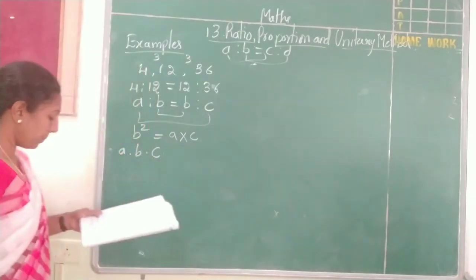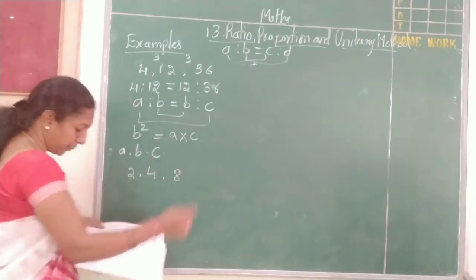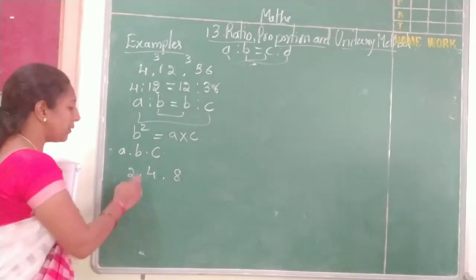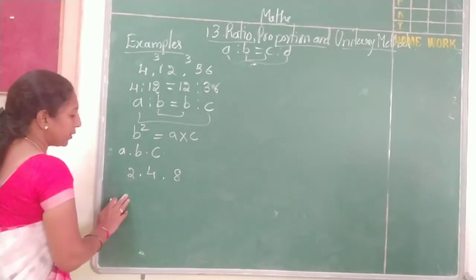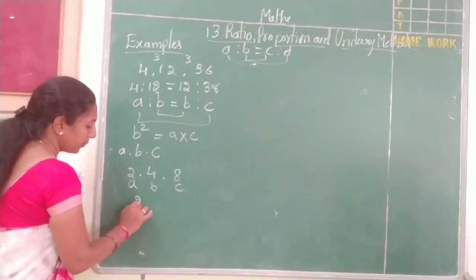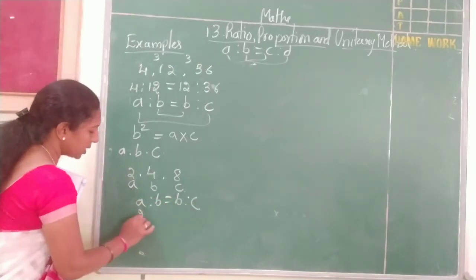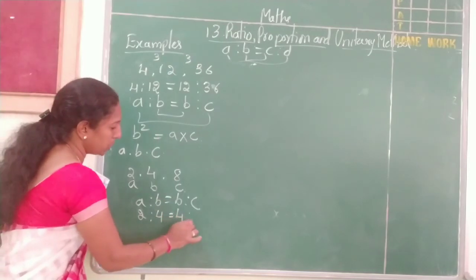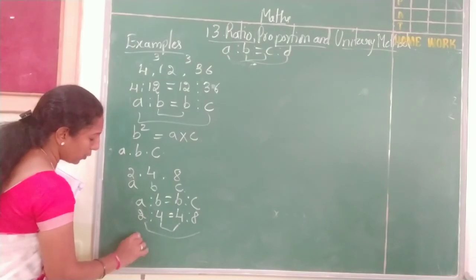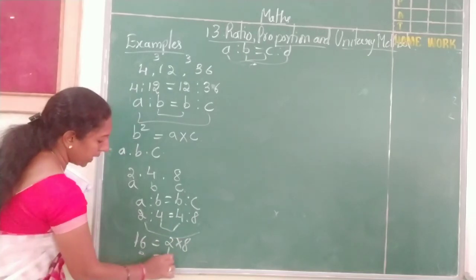Now for example, let me take one example. They are given 2, 4 and 8 are in continued proportion. Continued proportion means they will give only 3 numbers. So how do we write this one? Again you have to take A, B and C. So A is to B is equal to B is to C. That is 2 is to 4 is equal to 4 is to 8. Now 4 4s are 16 is equal to 2 into 8. 8 2s are also 16.